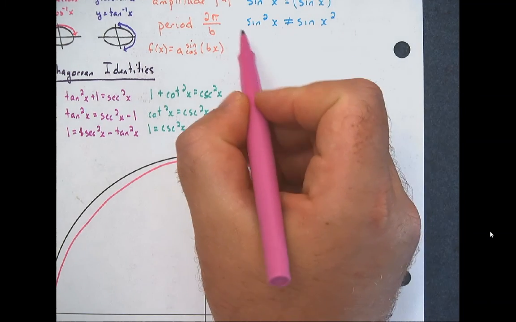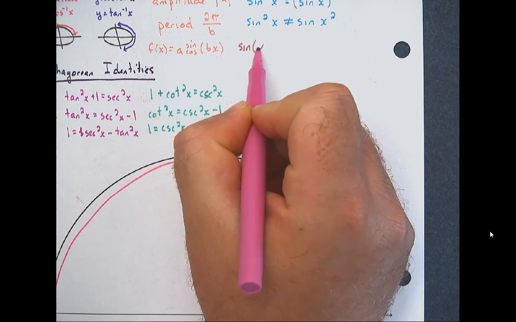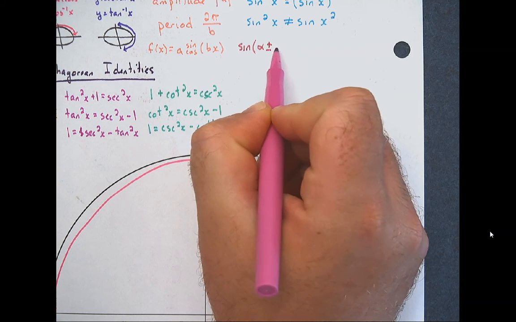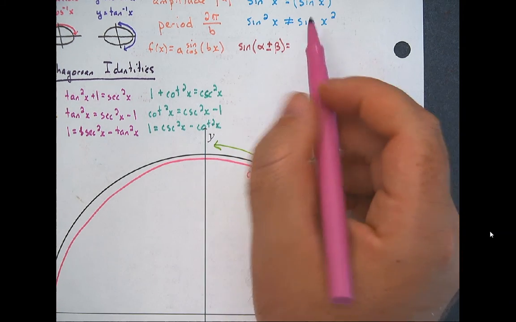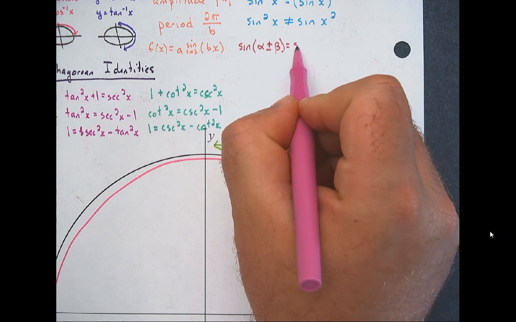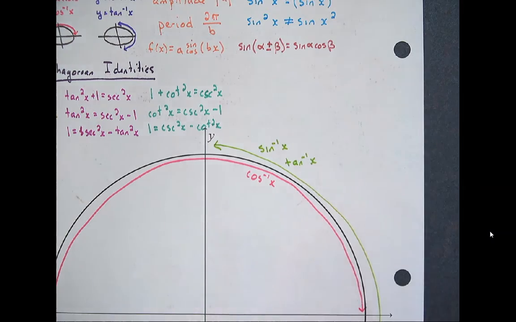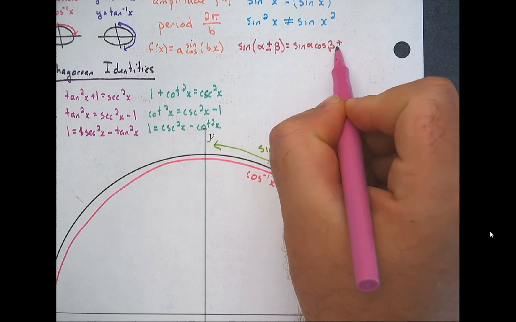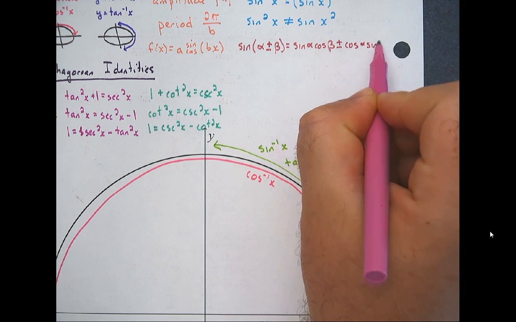So it would look like sine of alpha plus or minus beta is equal to sine alpha cosine beta, plus or minus cosine alpha sine beta.